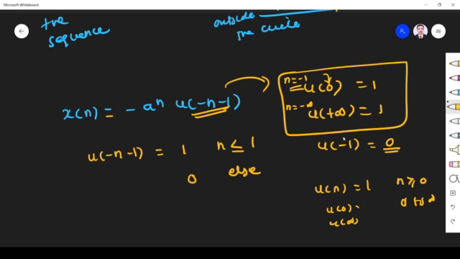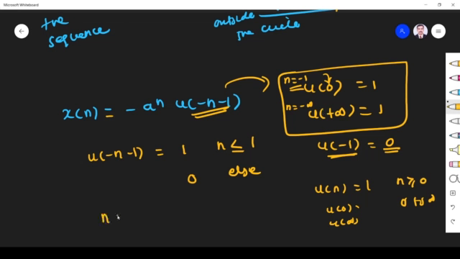If we substitute n equal to 0, u(0 − 1) is u(−1), which is 0. For every negative argument u is 0, and for positive it is only 1.